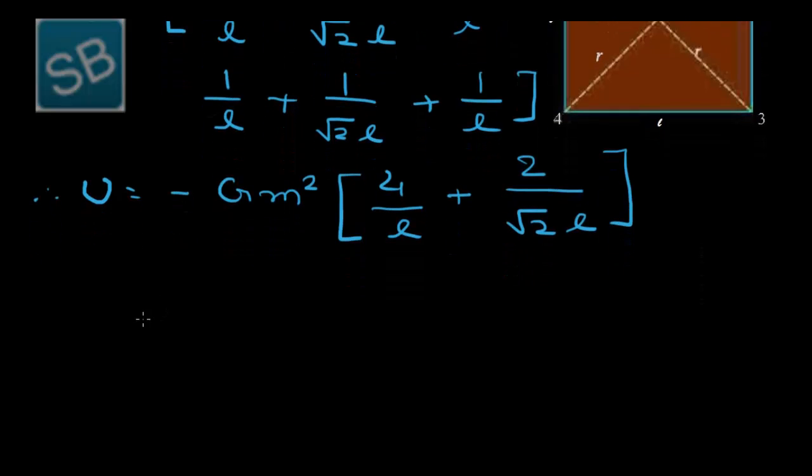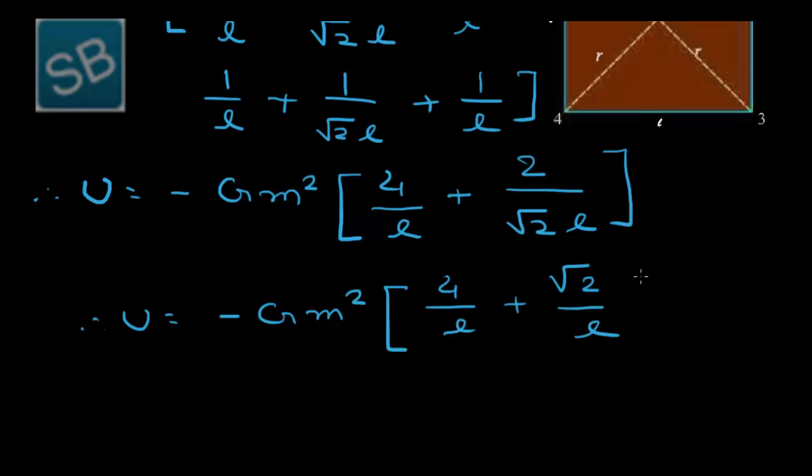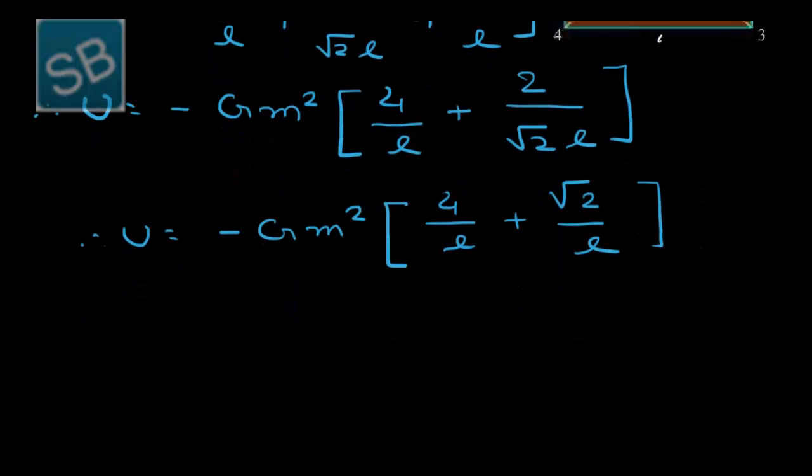Therefore, U is equal to minus G m square into the bracket 4 over L plus under root 2 over L, because 2 is cancelled by root 2 and the remainder is under root 2.